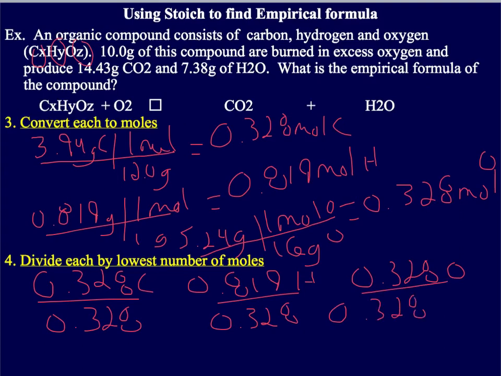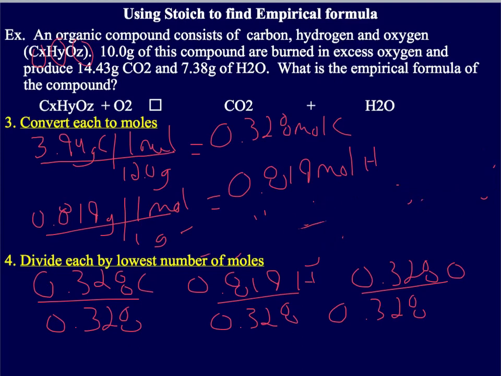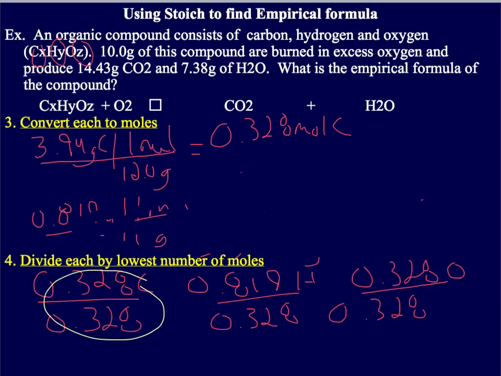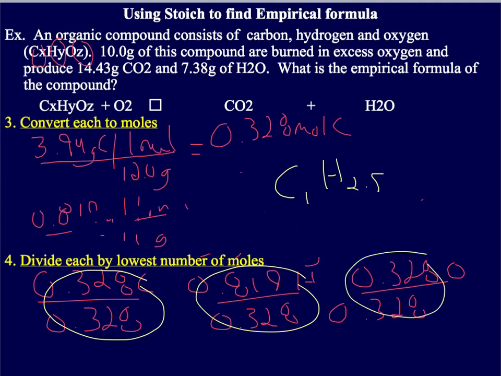Okay, and that will give us, I kind of put the answer up here, make a little room. Alright, so dividing these two will give us 1 carbon. Dividing these two will give us 2.5 hydrogen. And dividing these two will give us 1 oxygen.